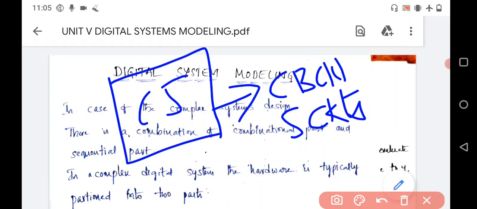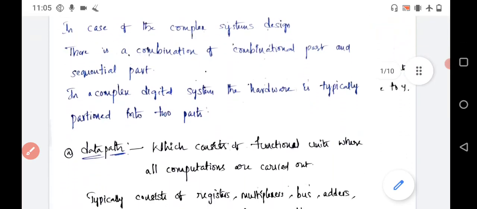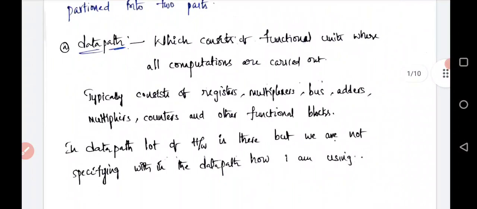For that purpose, this complex system can be divided into two parts, that is the data path, and the second one is the control path. Data path consists of some functional blocks, or functional units, to perform all the computations. For example, buses, registers, multipliers, adders, subtractors, counters, and all other functional blocks.